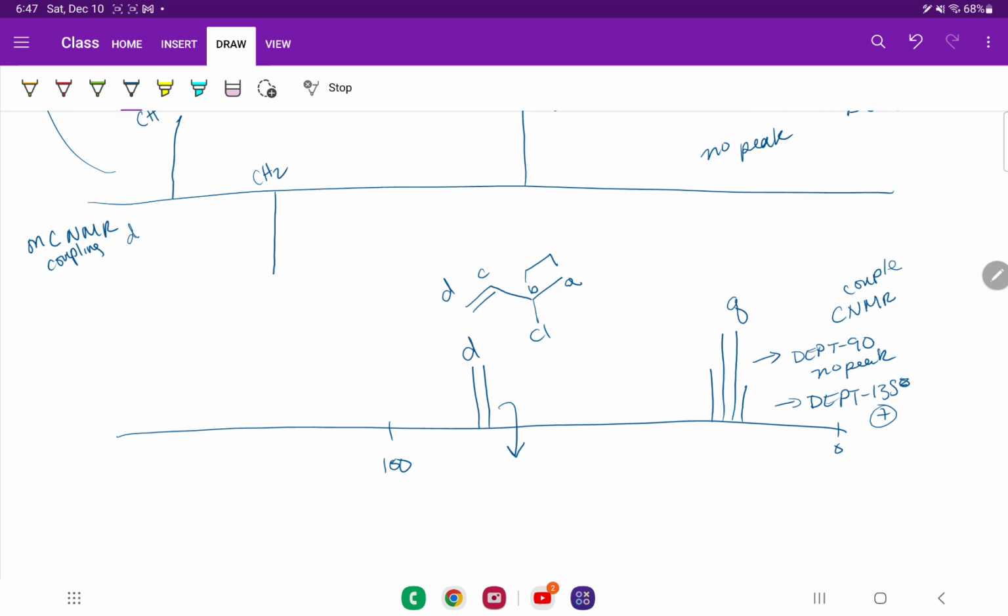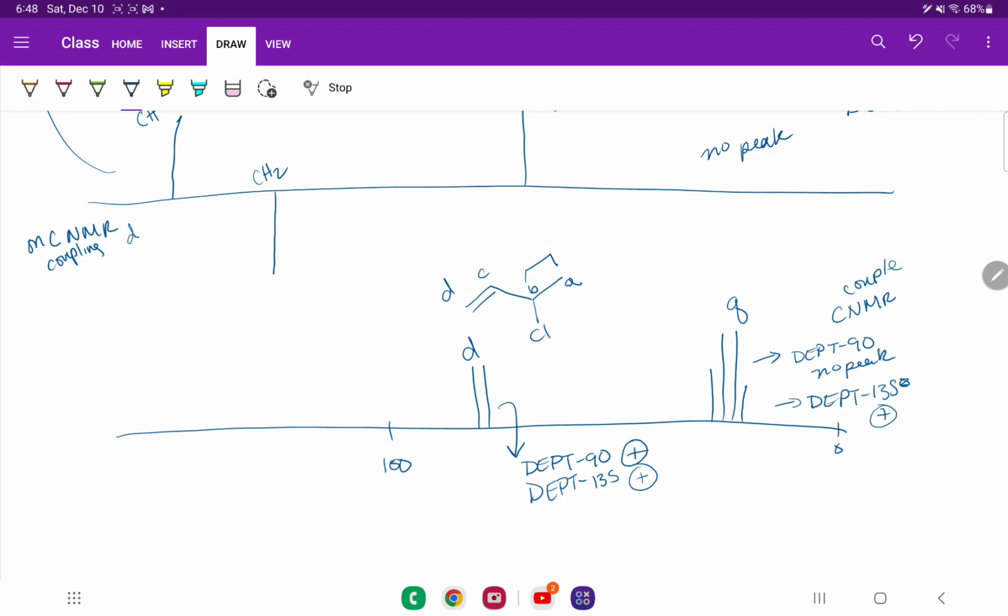On the DEPT 90, it's positive. Oh, sorry. On the DEPT 90, this should have, yeah, should have no peak. What am I saying? Ignore that. On the DEPT 135, I think I made a decent example so that I could show all of those things.